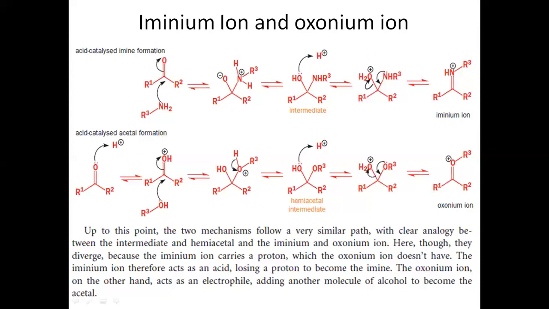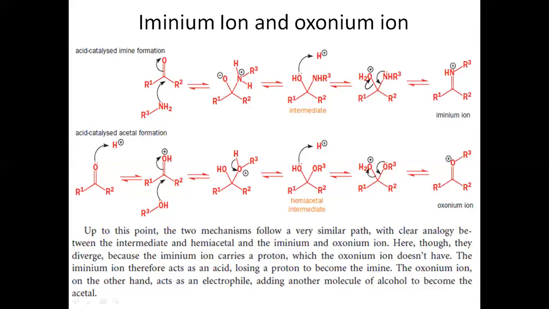But from the perspective of its decomposition, I cannot find any good leaving group. So in order to make this OH into a good leaving group, H plus is needed. When H plus is added, it will protonate this oxygen and convert it into OH2 plus, thus making a good leaving group.